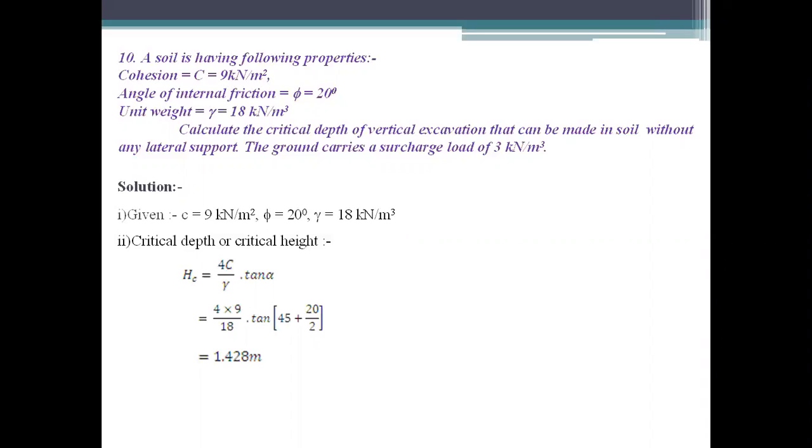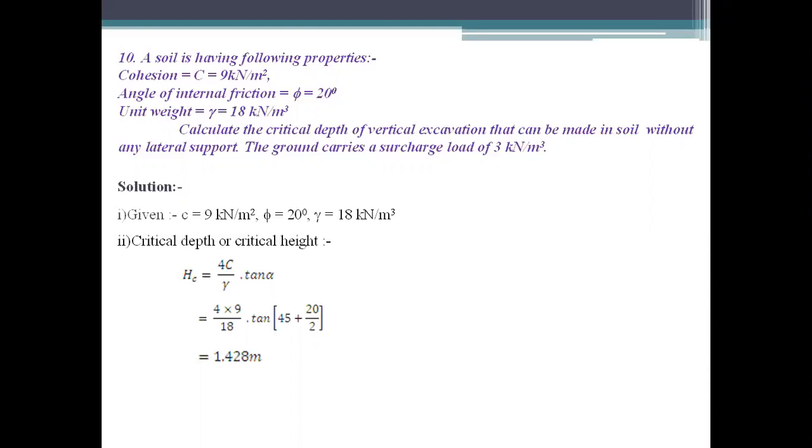So here the formula given is critical depth or critical height HC equals 4C upon gamma into tan phi, where tan phi or alpha. Okay, so alpha is given to you as 45 plus phi by 2.